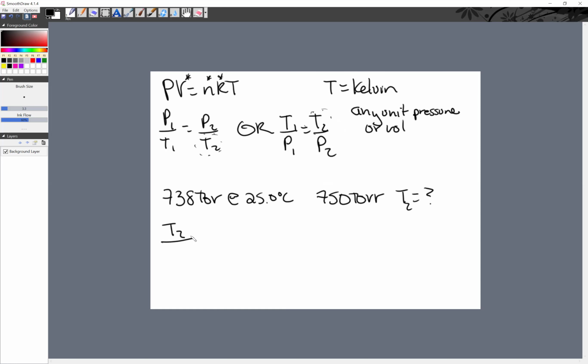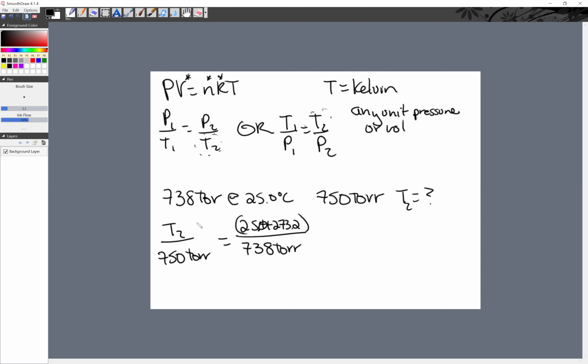So my T2 over P2, which is 750, is equal to 25.0 plus 273 over 738.